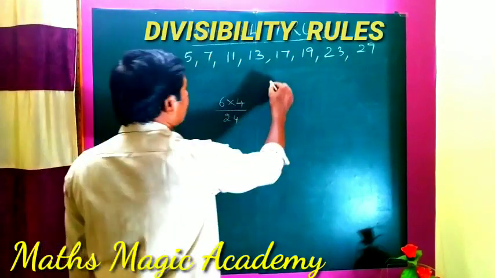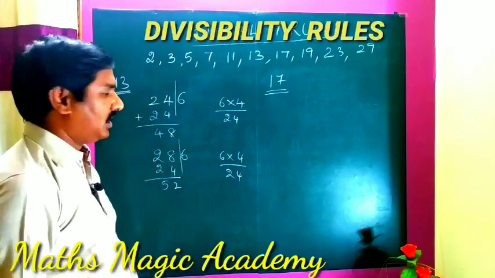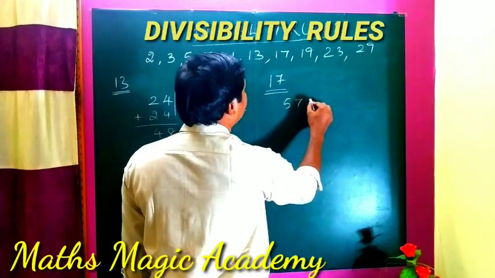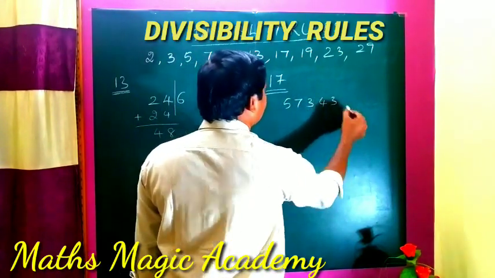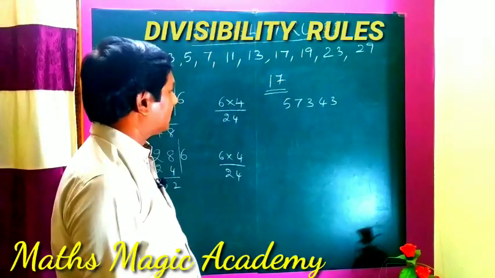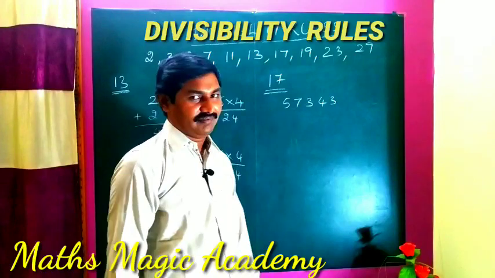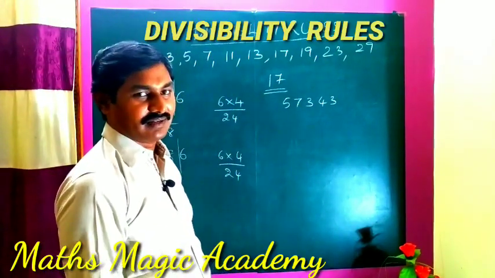As well as that, the divisibility rule of 17 we are going to discuss. If we take a number like 57,343, this is a large number I have taken. Whether this number is divisible by 17 or not, we have to check.